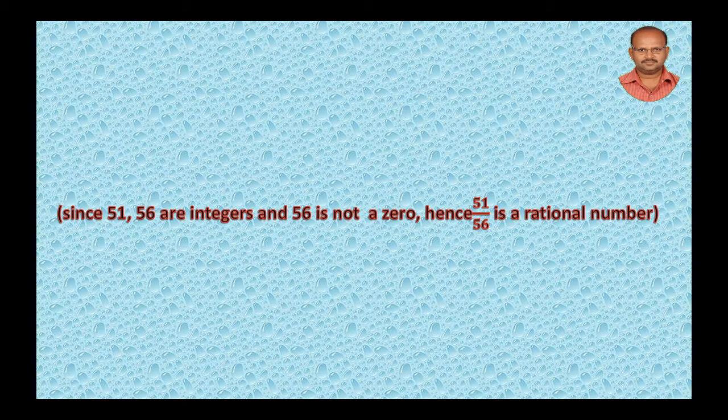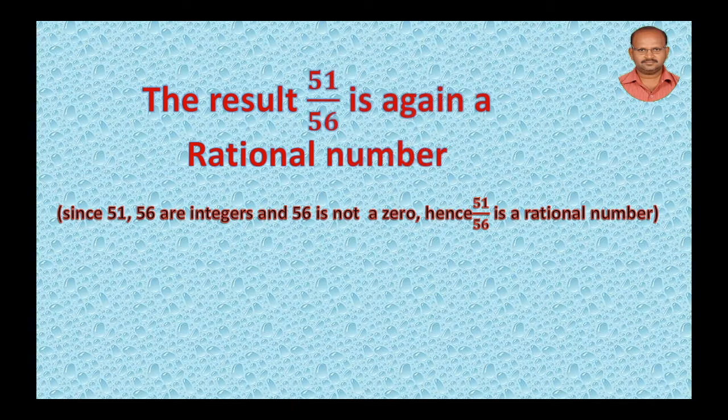Since 51 and 56 are integers and 56 is not zero, hence 51 by 56 is a rational number. The result 51 by 56 is again a rational number. Taking another example, 8 plus minus 19 by 2.